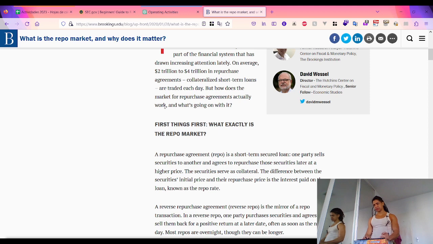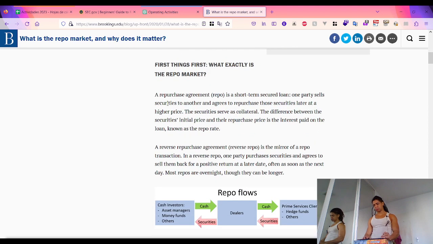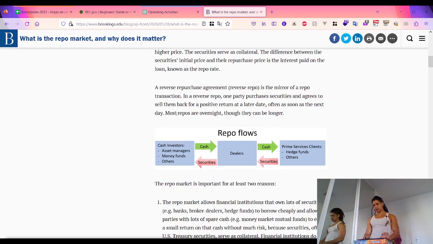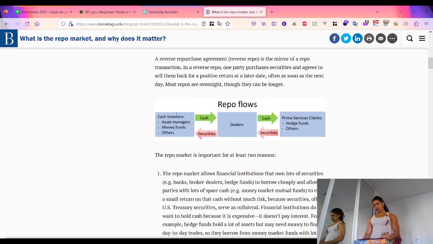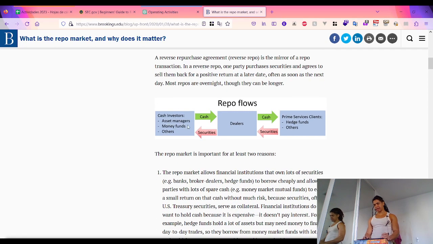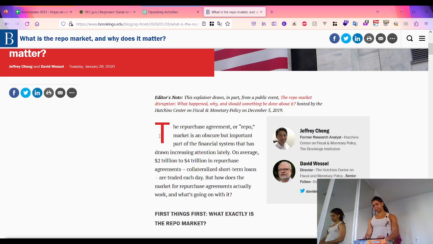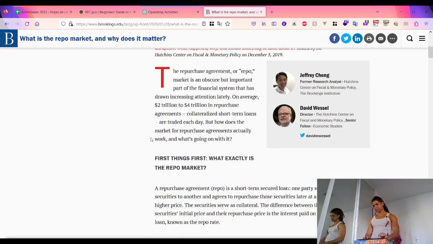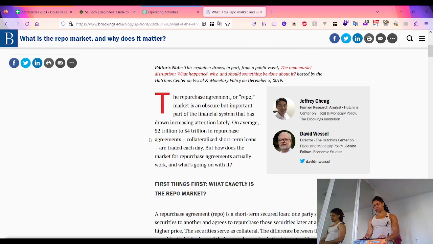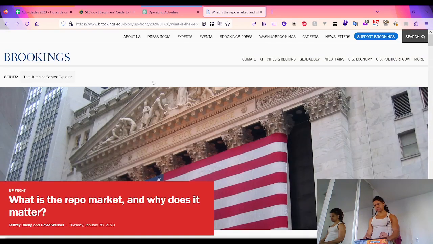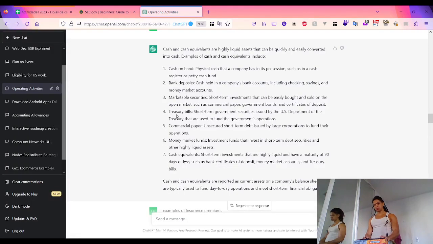First things first, what exactly is the repo market? Cash investors, asset management, repo flows, repurchase agreement.